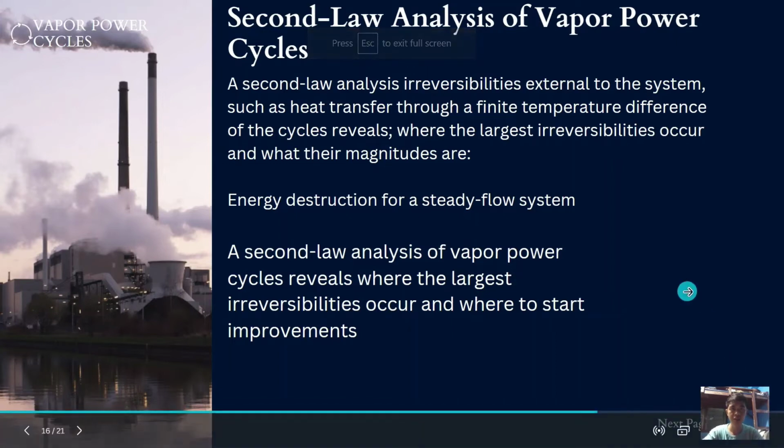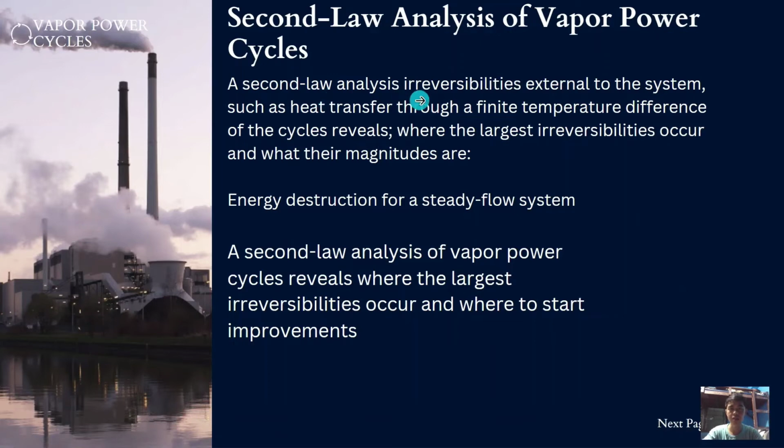Second law analysis of vapor power cycles. The second law analysis of irreversibilities external to the steam, such as heat transfer through a finite temperature difference of the cycle, reveals where the largest irreversibilities occur and what their magnitudes are. Energy destruction for a steady flow system.